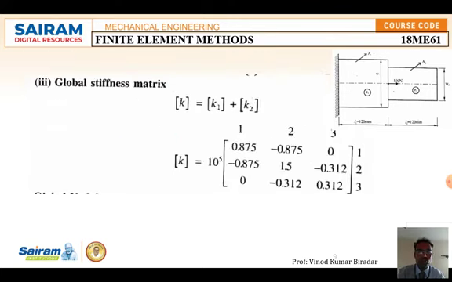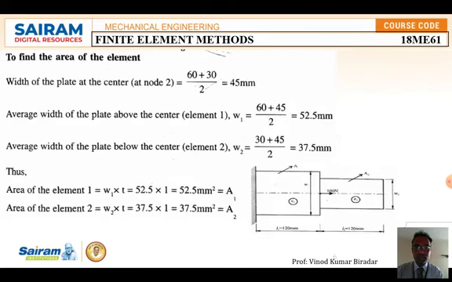Now, what is the global stiffness matrix? The global stiffness matrix is the combination of all those elements, K1 plus K2. Since there are 3 nodes, you are going to get a 3 by 3 matrix. First you have to write the 3 by 3 matrix, with the common 10 to the power in both K1 and K2, and according to the node number you have to add the entries. I will show one example here. For entry 1 1, check the 1 1 value in both the matrices you calculated.